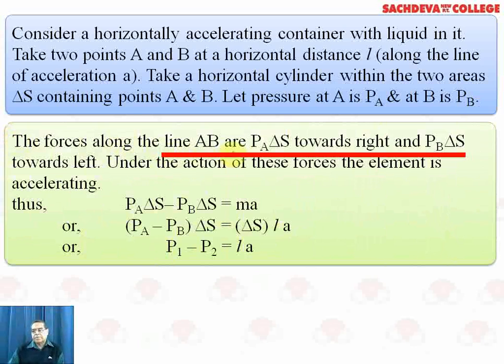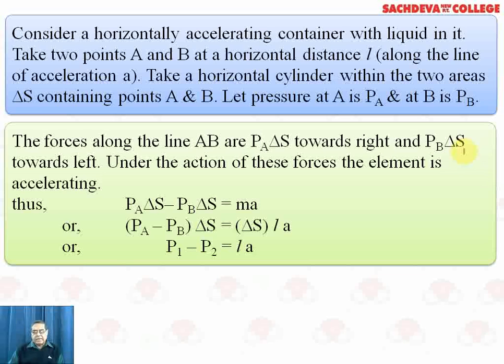One of the forces is the product of pressure and area, that is PA delta S towards the right, and the product of pressure and area, that is again a force, towards the left. As I've suggested earlier, when we take a horizontal flow, we have to take the forces on the right side as well as the left side of the tube.